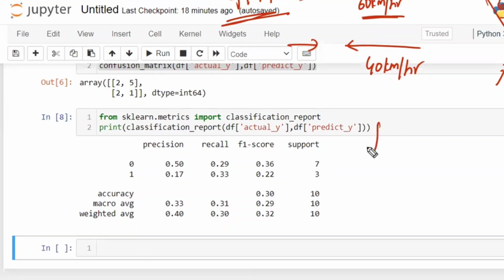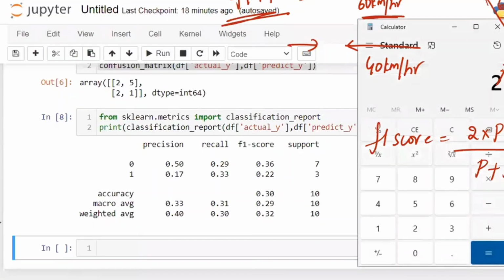Okay. So the formula of F1 score is 2 into precision into recall divided by precision plus recall. Here the precision value is 0.5 and recall is 0.29.